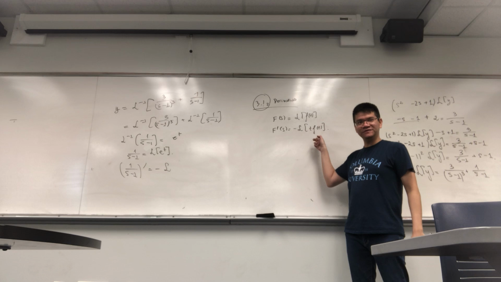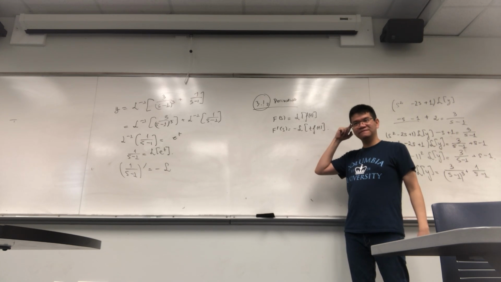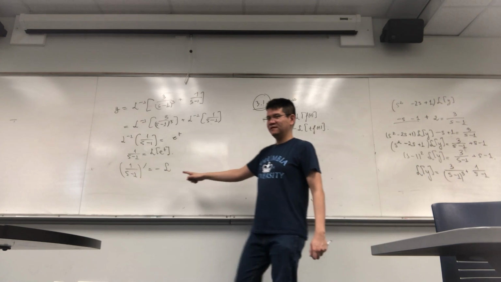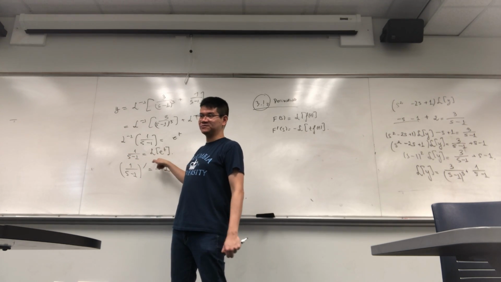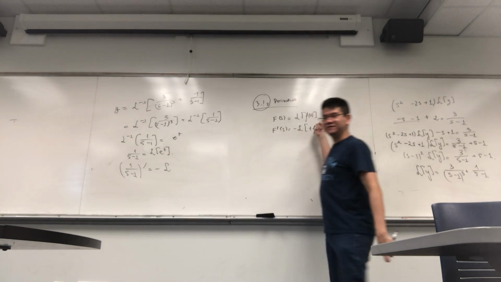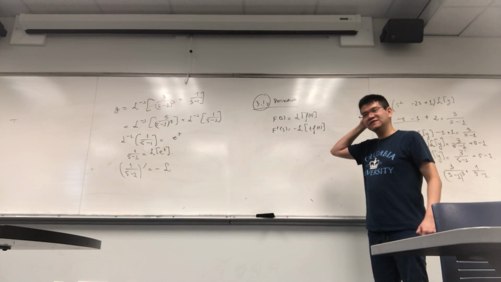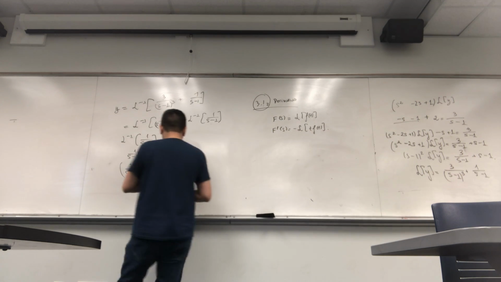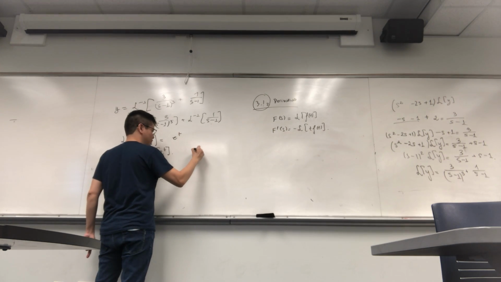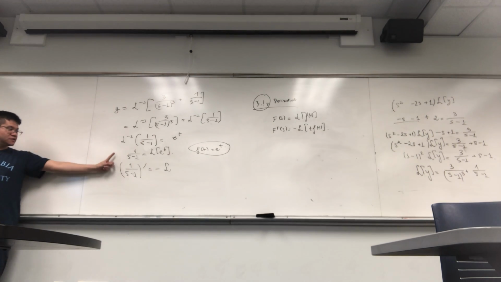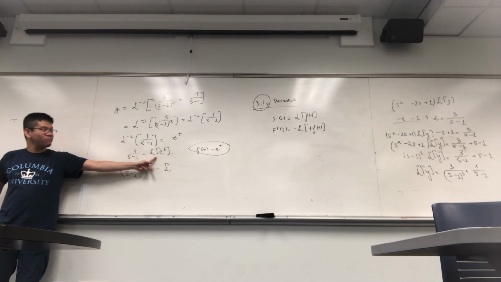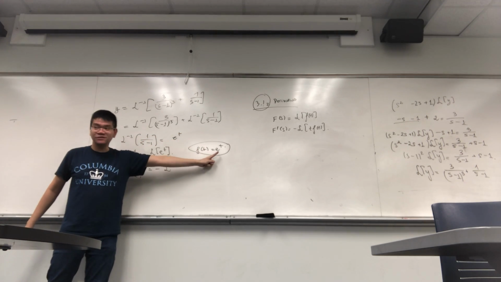So what is the small f in this case? This is the capital F, the Laplace transform of some function. You're going to apply that formula for f(t) to be e to the t. So 1 over (s minus 1) is the Laplace transform of f(t), and f(t) is e to the t.